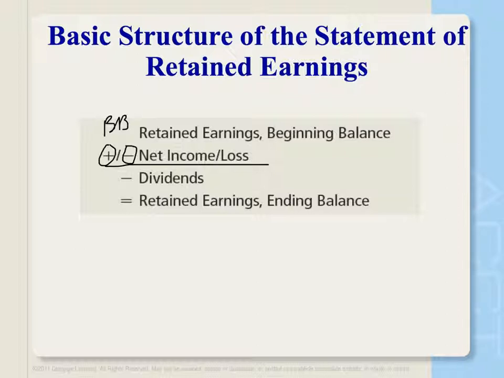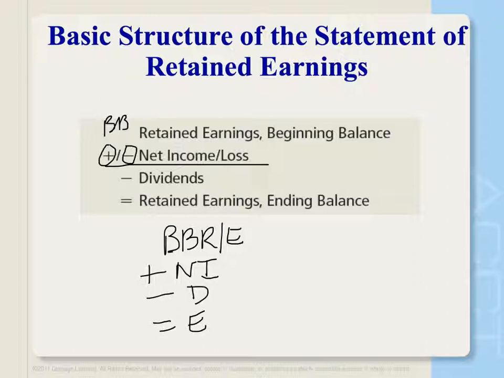It is a payout where we give some of the profits back to the shareholders. This equals ending retained earnings. So I like to do it BRE plus NI minus D equals ERE.